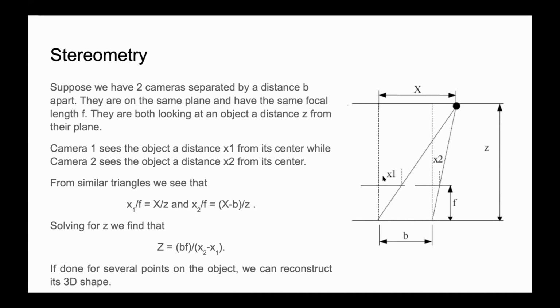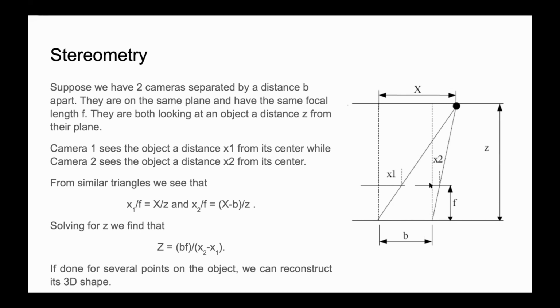So have a look at the diagram here. We have an object that we are observing z distance from our eyes. So imagine mo, ito yung mga mata mo. You have two eyes. No? And in this case, in our case, dalawang camera kunyari. Now, one eye or one camera seems to see that object a distance x1 from its center.